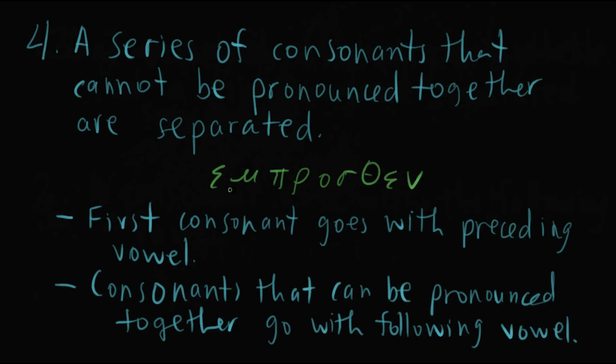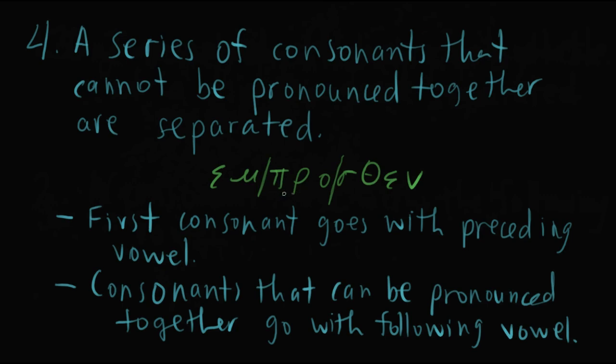So in this case, you may ask, where do we divide this group of letters here? Would it be emprasten or emprasten? It would actually be right over here. You could draw another dividing line right over there. So the pi and the rho, they can be pronounced together.